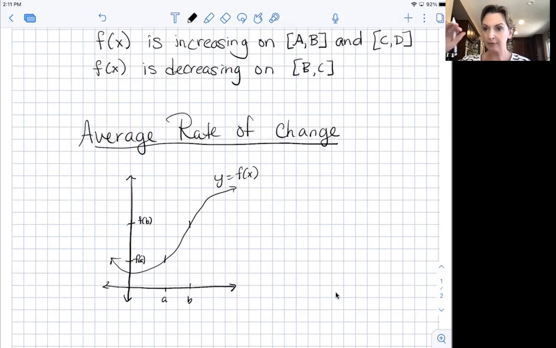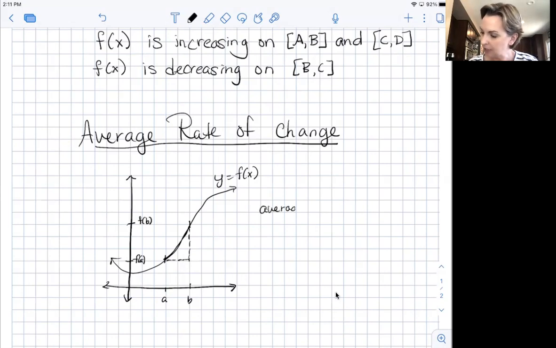Okay, the rate of change across this portion would be the change in y over the change in x. And when we were working with just linear functions, just straight lines, we called that the slope, right?